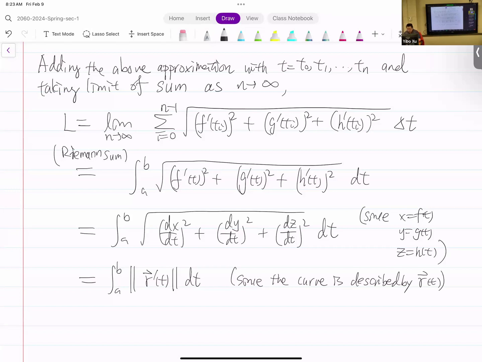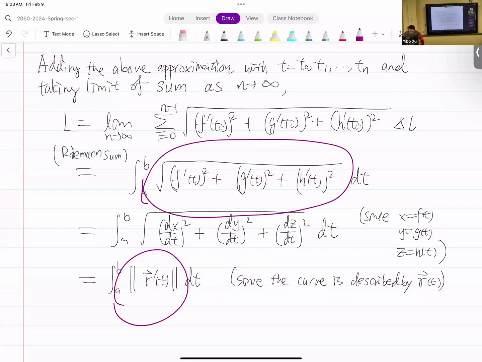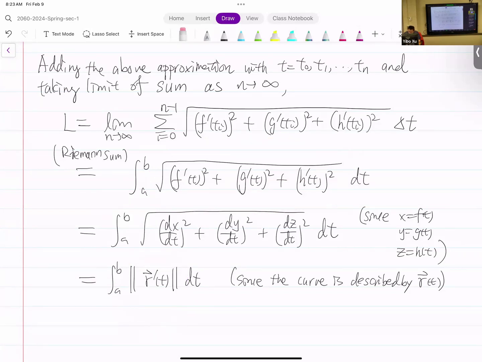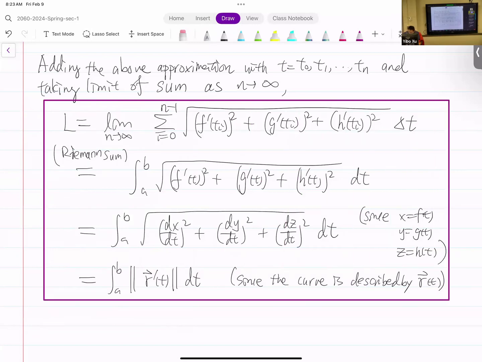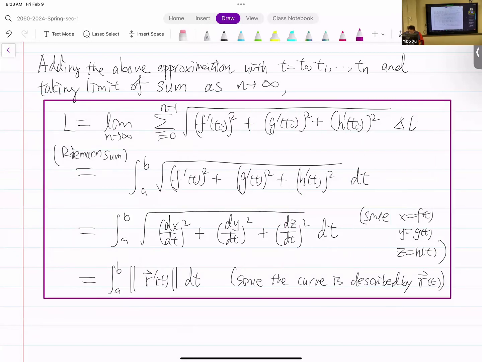As long as you denote the space curve to have a name, a little r, then the magnitude of r prime just represents this expression. And we're going to use a large box to enclose this. Pretty standard, right?